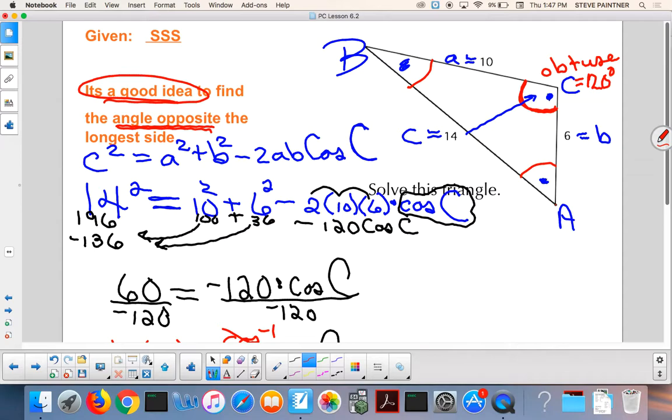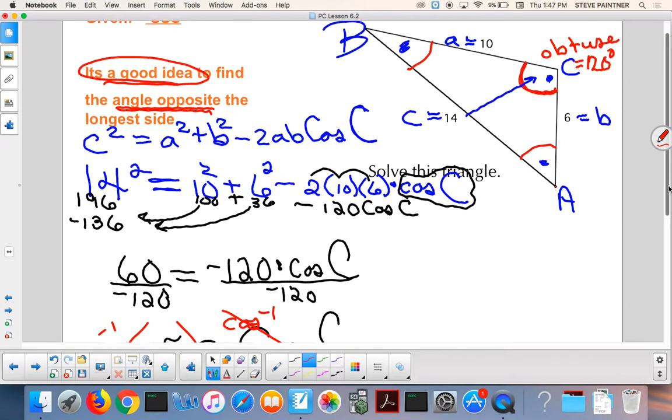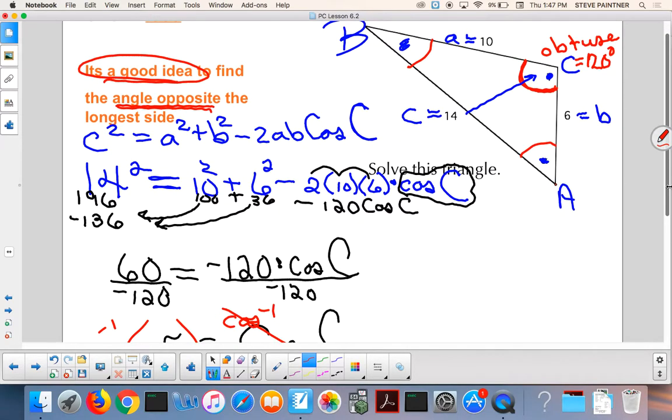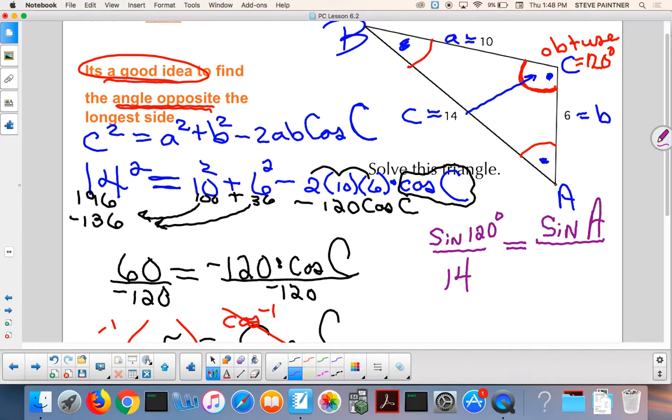Pick your angle, B or A. I don't care which one you pick. I am picking A just because, no special reason.